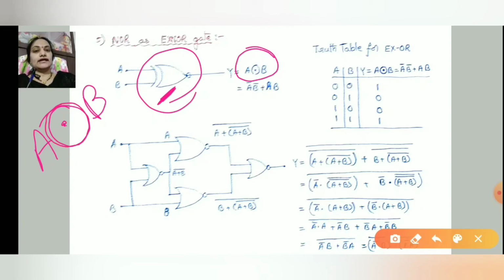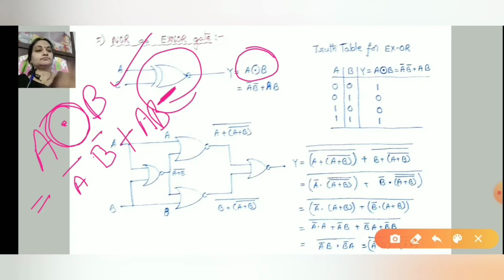This is called A XNOR B. Okay? Its expression is A bar B bar plus AB.